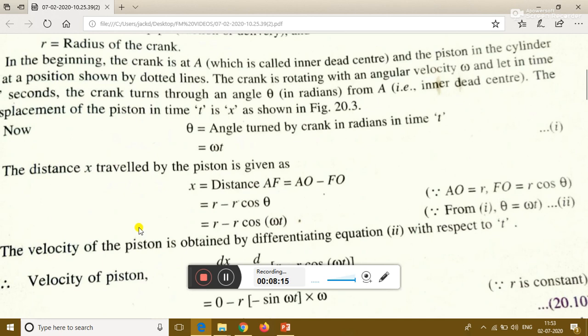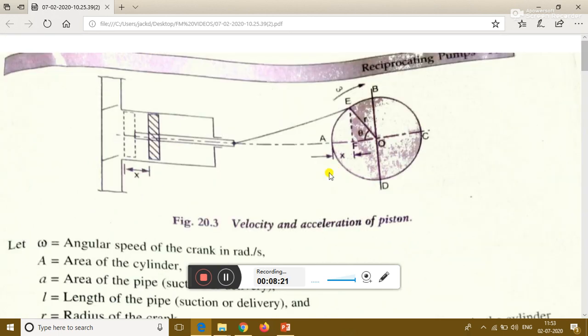Now the distance x travelled by the piston, how to find out x? In this diagram, x is equal to AO minus OF. Now what is this OF? This is theta, and this is the adjacent side. Cos theta equals adjacent by hypotenuse, so cos theta is equal to OF by R, and hence OF equals R cos theta.